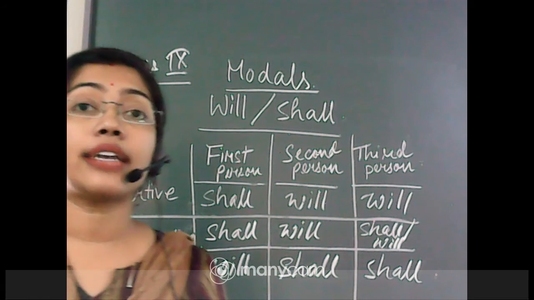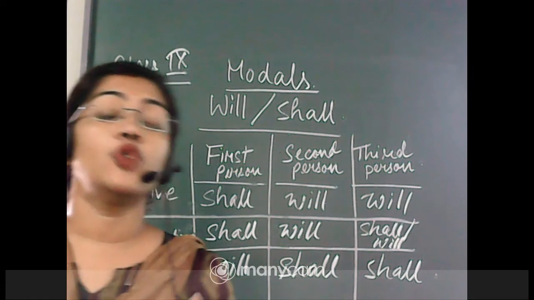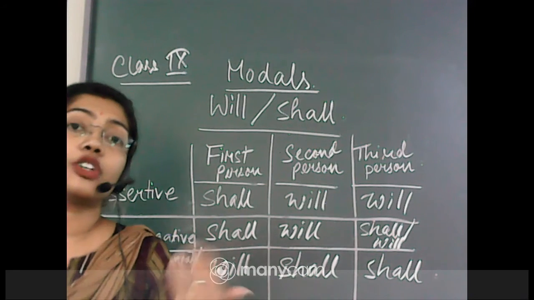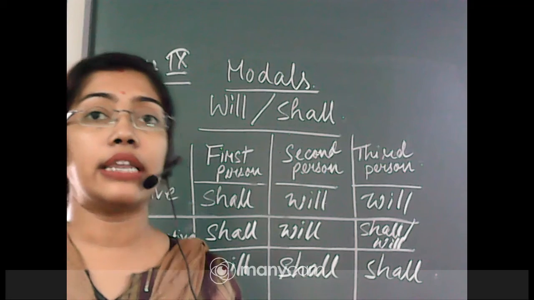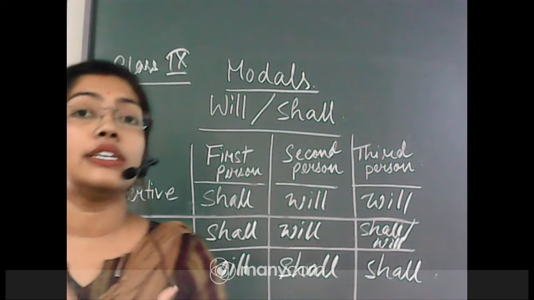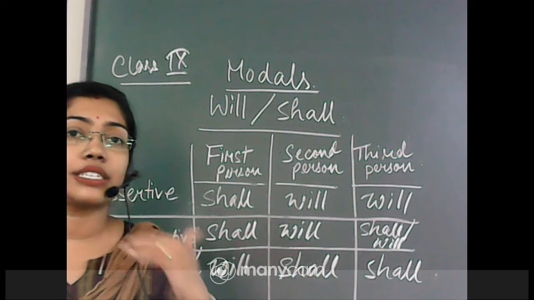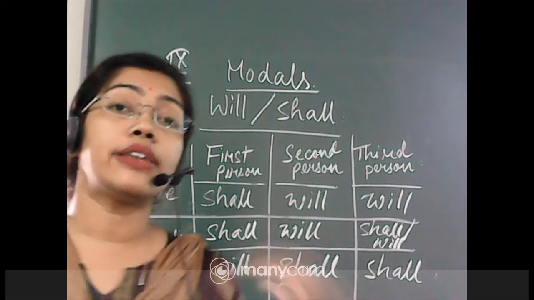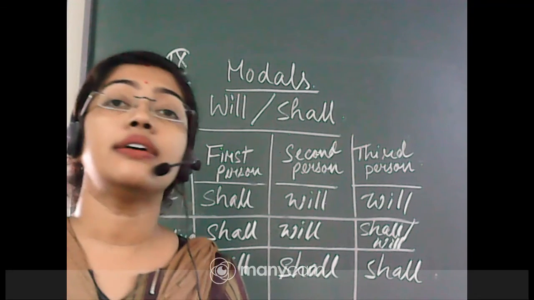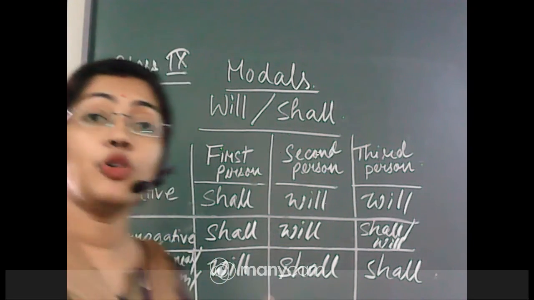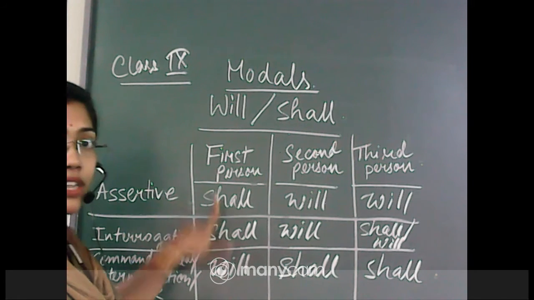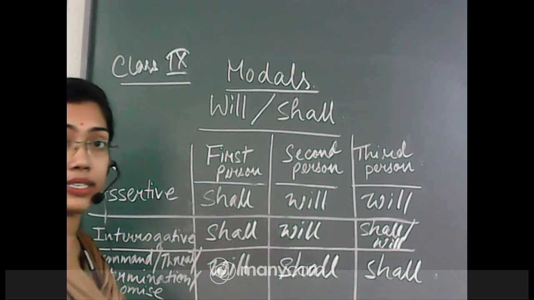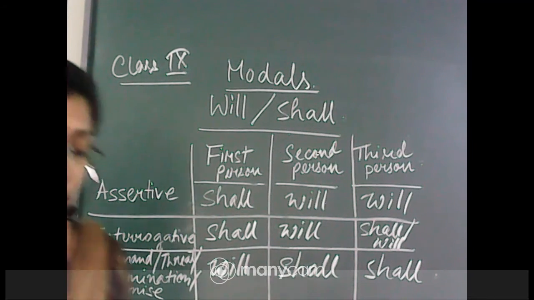So while reading the paragraph, you will realize the tone of the paragraph, whether the person is talking with an intention or whether the person is telling something in just an assertive tone. You will realize that while reading the passage. So at that time you have to implement this theory, whether to use shall or whether to use will in that case. That is why I am writing this for you.